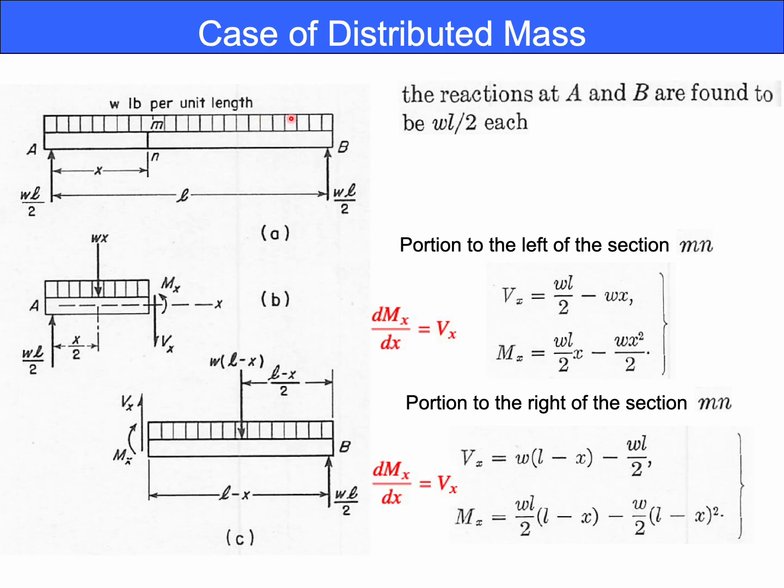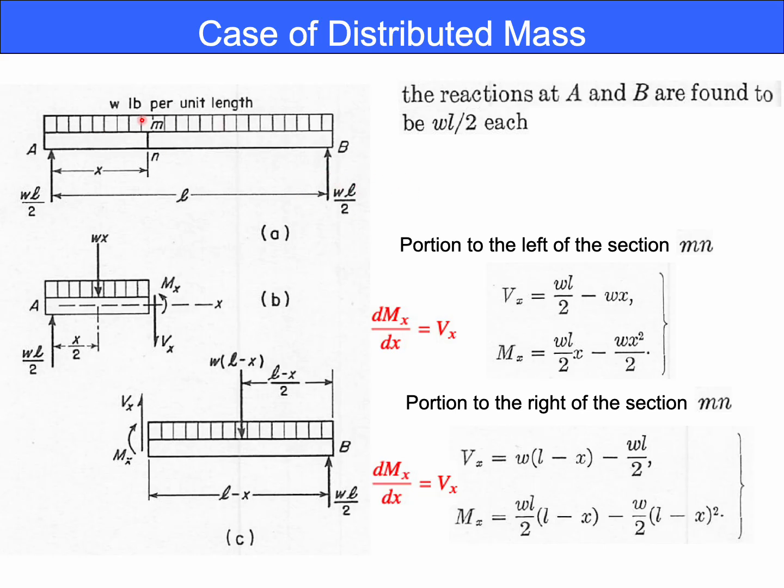In this simply supported beam, the total load is the integral of w from 0 to L. Take a look at this. The reaction forces at the ends A and B are the halves of this load.